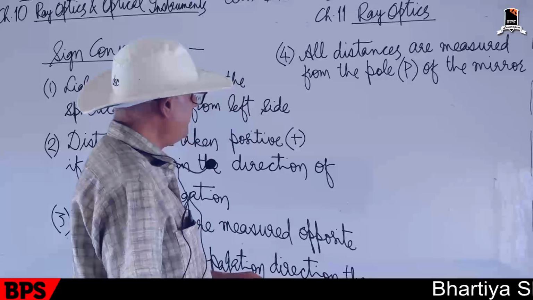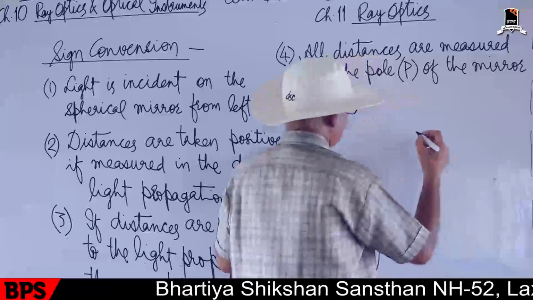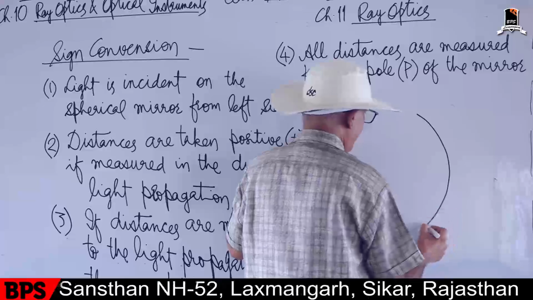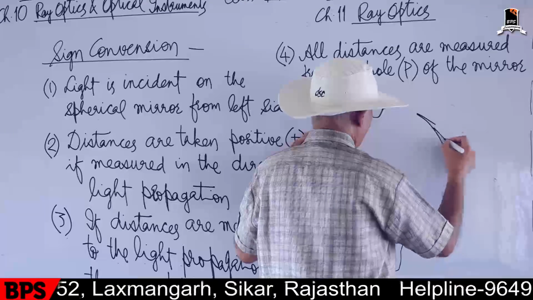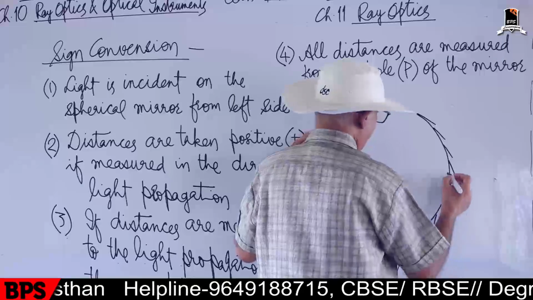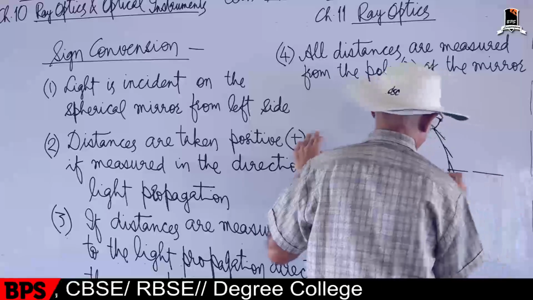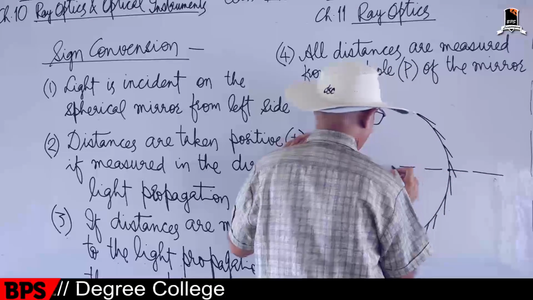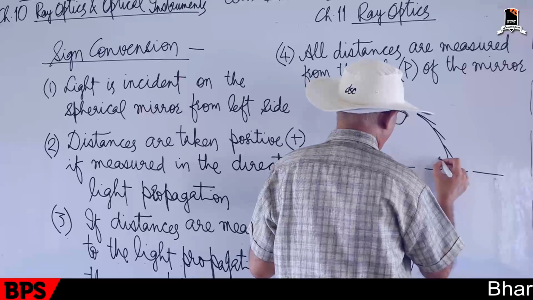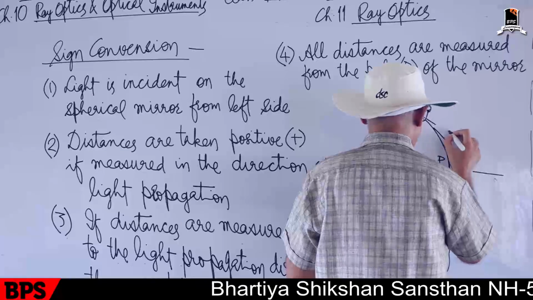So, in the diagram we can see all these rules. Say this is our concave mirror. This is its pole, and this is the principal axis. This point is, say, pole P, and this is the y-axis.